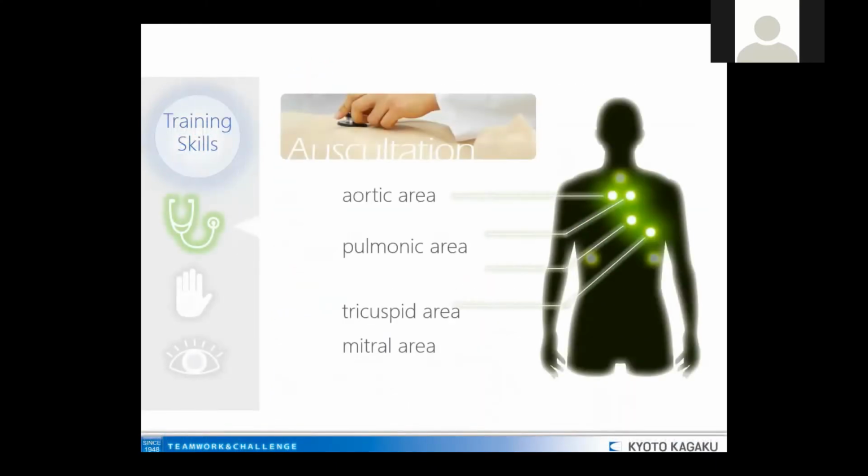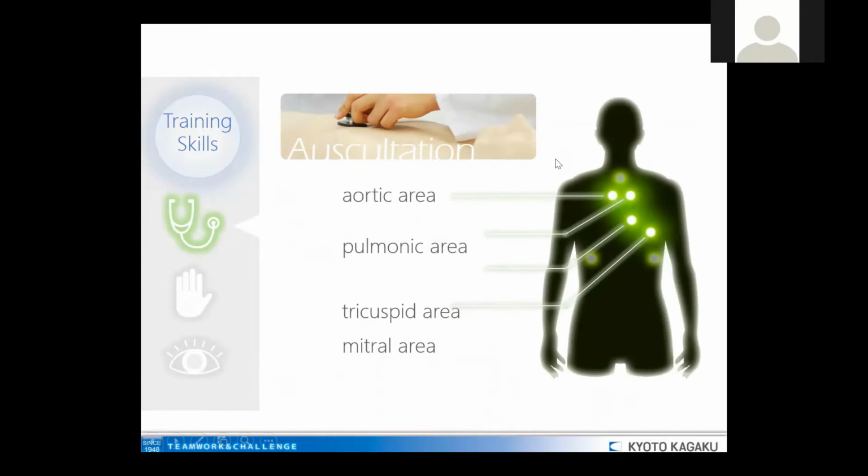And regarding the areas to make the auscultation, as you can see in this slide, we have included the auscultation areas in the anatomically accurate places, which are these that we are seeing here.